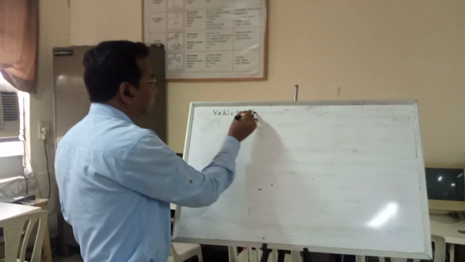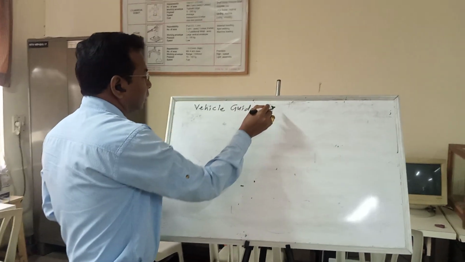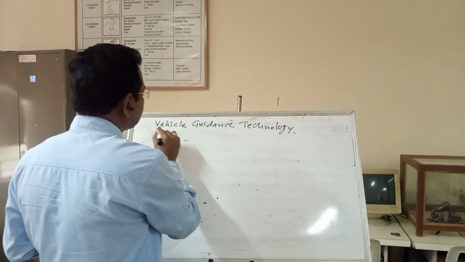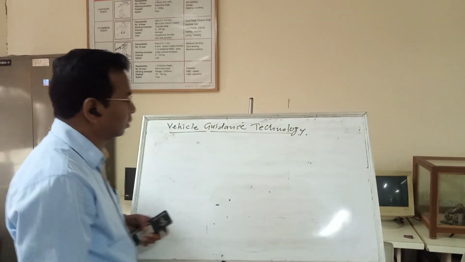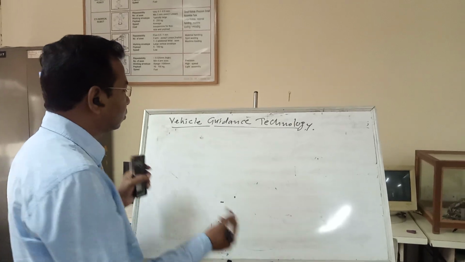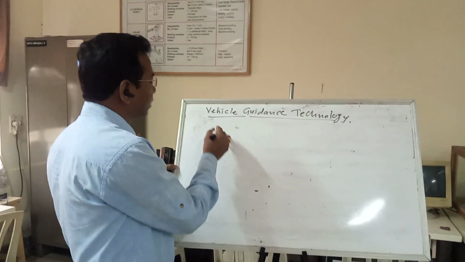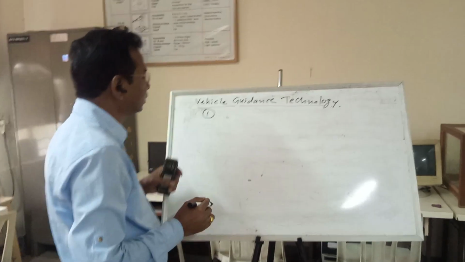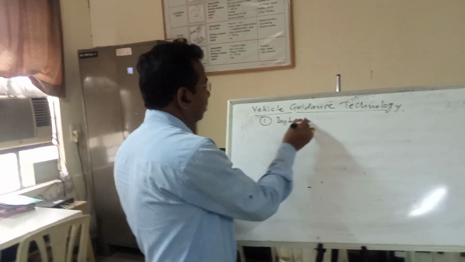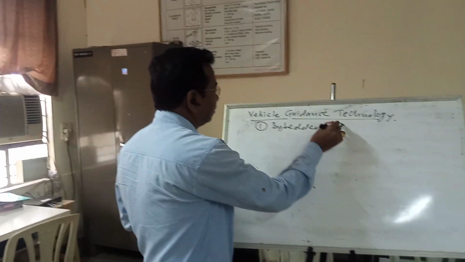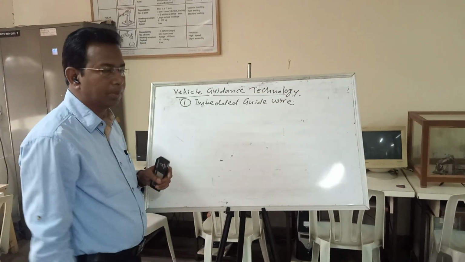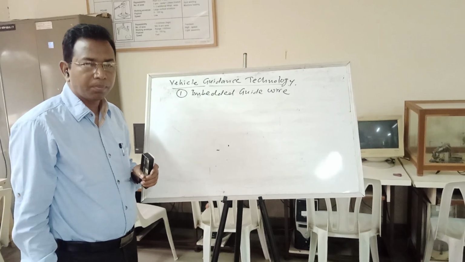In vehicle guidance technology, AGV vehicles are generally used, and the technology defines the pathways. Vehicle guidance technology is divided into three: the first one is the embedded guided wire, the second one is the paint strip, and the third one is the self-operated vehicle.